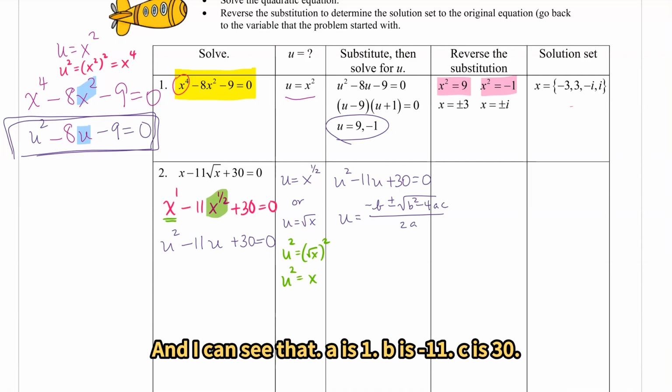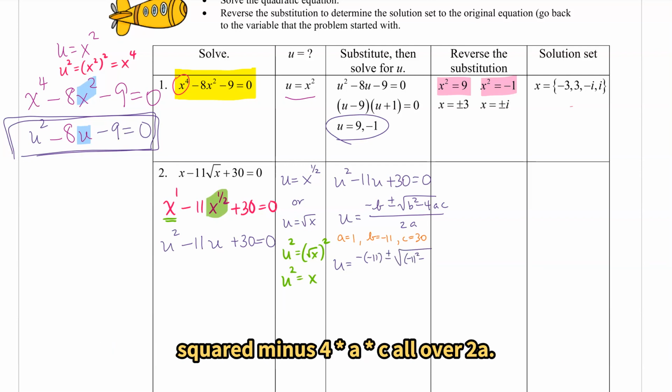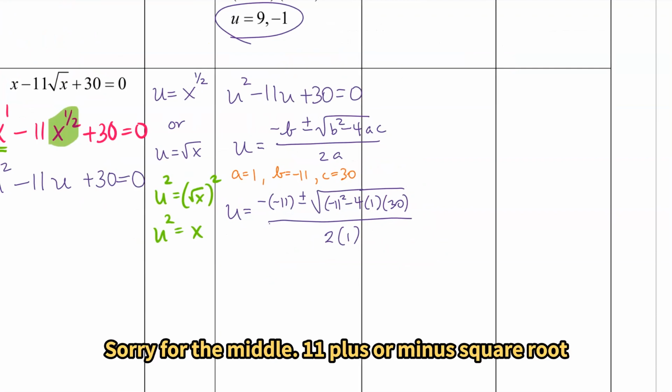And I can see that a is 1, b is negative 11, c is 30, and plug those in. Negative b plus or minus square root b squared minus 4 times a times c all over 2 times a. We'll make it a little bit bigger. Sorry for the line in the middle.